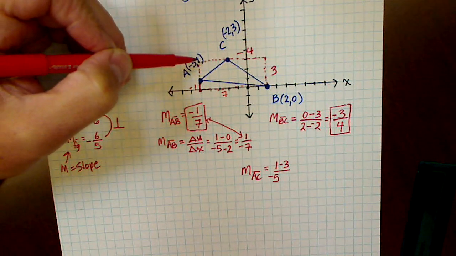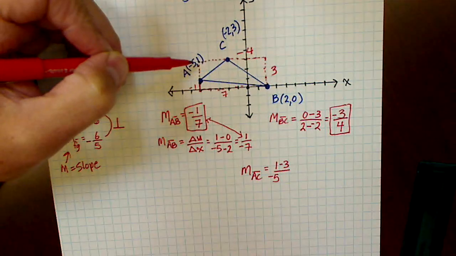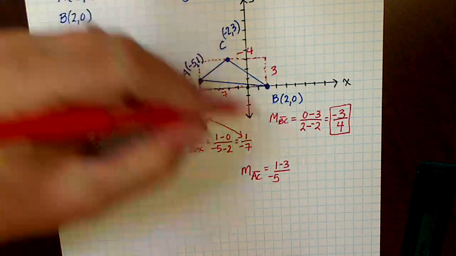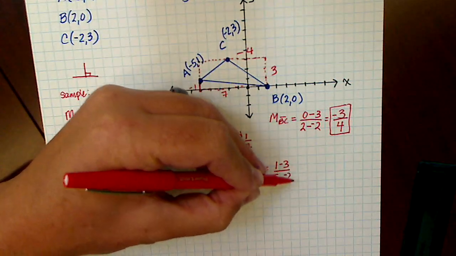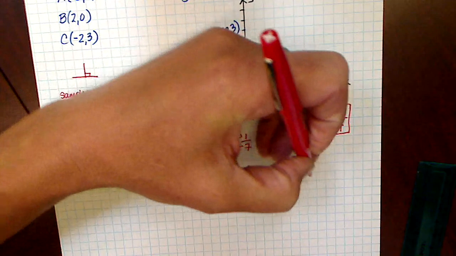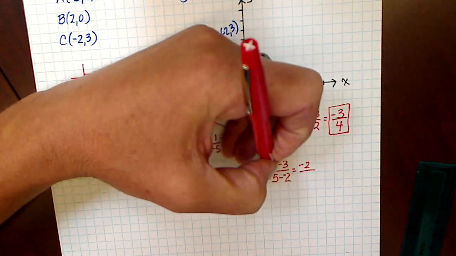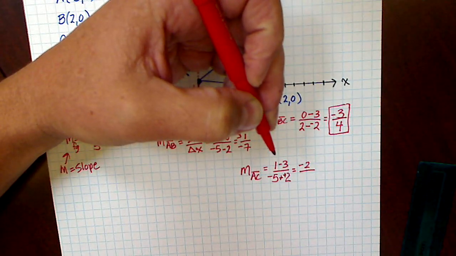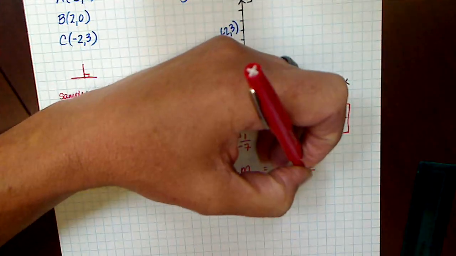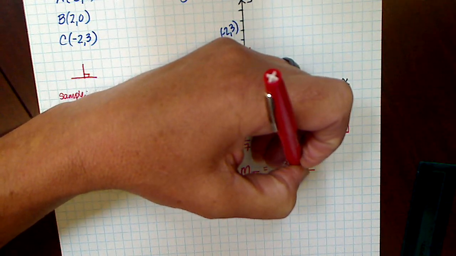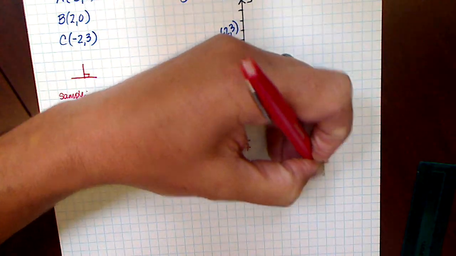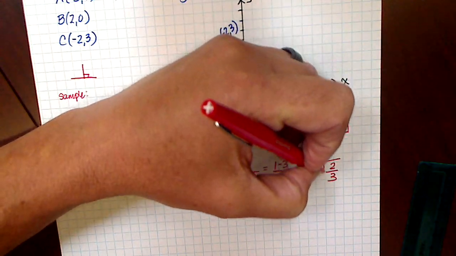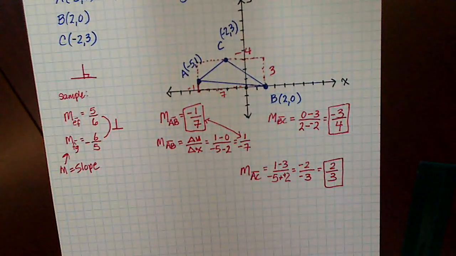If I use the y value of this point first in my equation, then I have to use the corresponding x value as well: -5 minus -2. Simplify. 1 minus 3 is -2. -5 plus 2 is -3. Two negatives make a positive when you're dividing. So that slope is a positive 2/3.